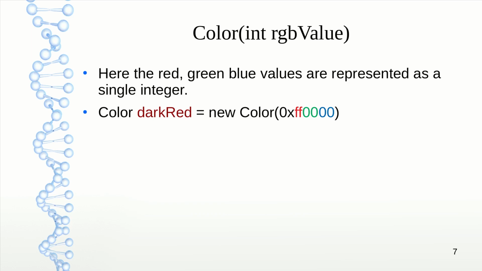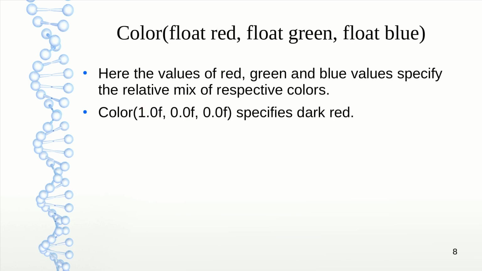Here, as the values of blue and green are simply 0, and the value of red is the maximum, that is 255. We already know that the value can range from 0 to 255 only. This one simply produces a dark red color. And this is the last constructor in the case of RGB color model.